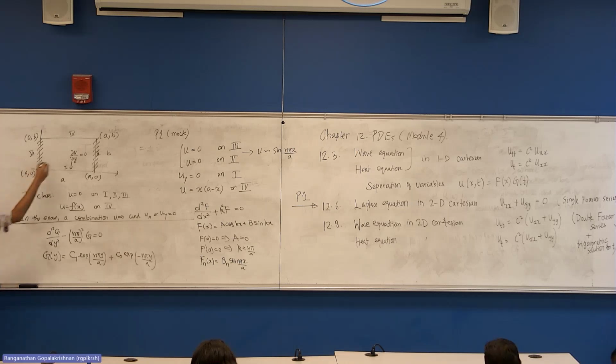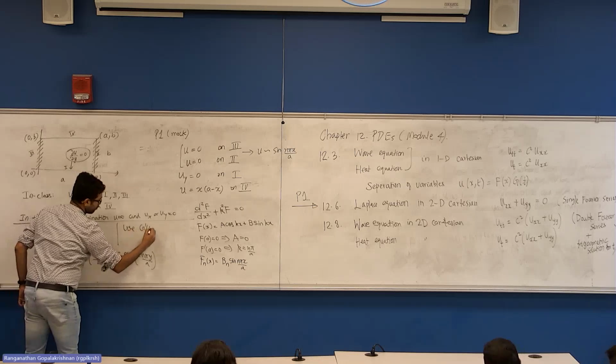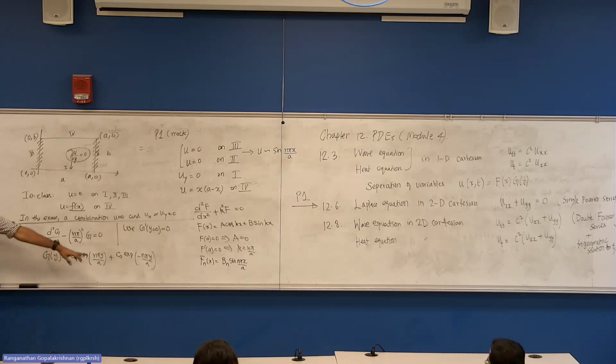Now you would want to use this boundary condition, g dash of y equal to 0, to get a relation between C1 and C2.